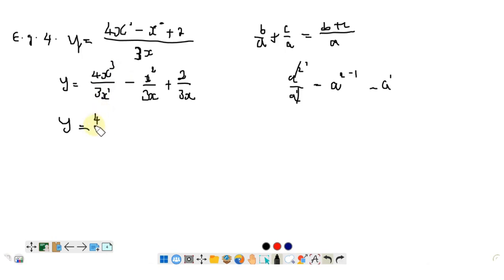So you remain with 4 over 3 multiplied by x to the power 2.